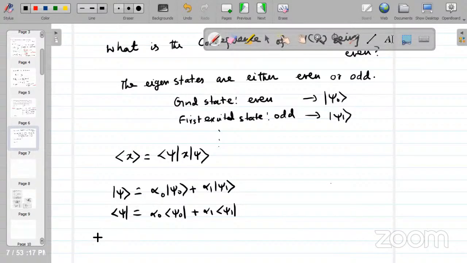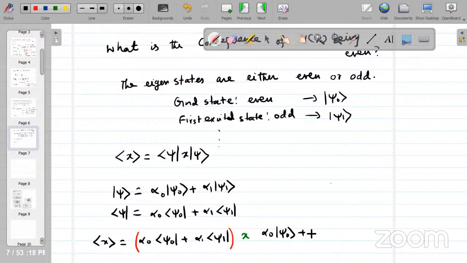Now let us write here straight away. The bra is alpha naught psi naught plus alpha 1 psi 1, then x, then the ket alpha naught psi naught plus alpha 1 psi 1. Now it's normal straightforward multiplication.